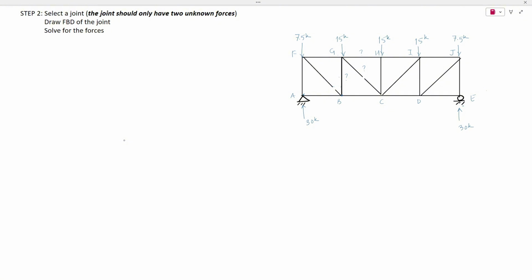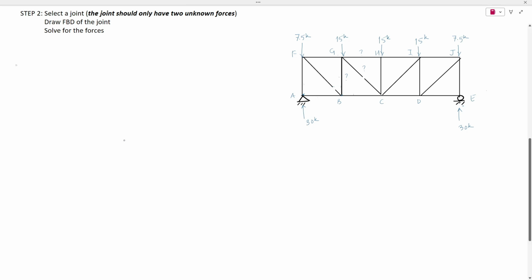For example, at joint B there are 1, 2, 3, 4 unknown member forces, but in a truss every joint has only 2 equations of equilibrium, so we cannot solve joint B at this moment. But joint A has only 2 unknown member forces, 2 equilibrium equations, 2 unknowns, so we can easily solve for those forces.